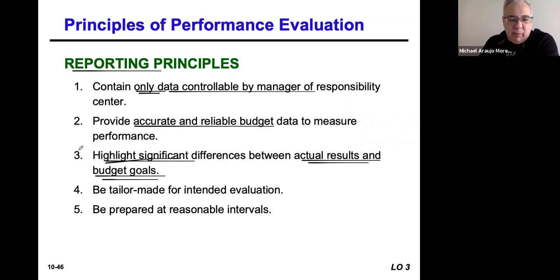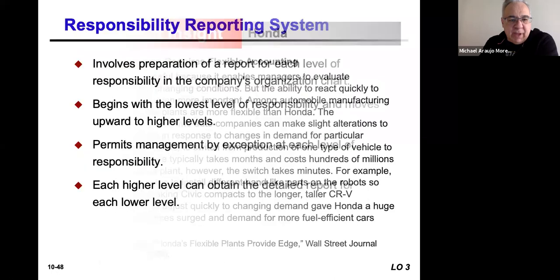That's going to be one of the more important things. Since this is going to impact various areas differently, it's somewhat going to be tailor-made to evaluate the managers of a particular area. And it should be done at a regular interval. Okay. Maybe after a large job has been done, after every quarter, what have you. But those are very, very important.